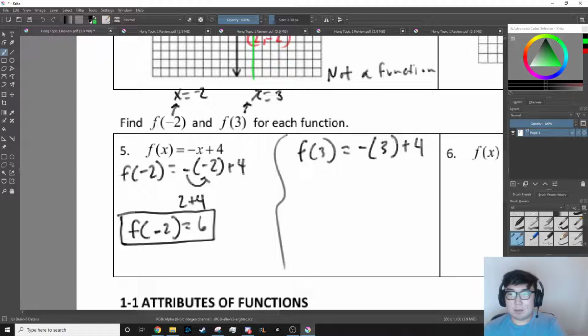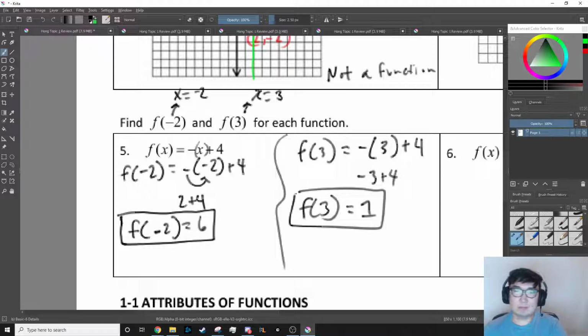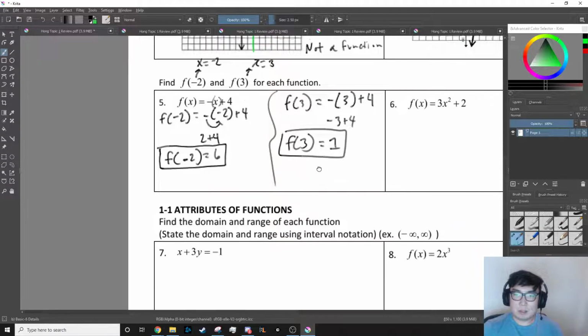You see how I put the parentheses? That's because this x right here has imaginary parentheses as well. So negative times 3 is negative 3, plus 4. This is a positive 1. So f of 3 is equal to positive 1. Not too bad.